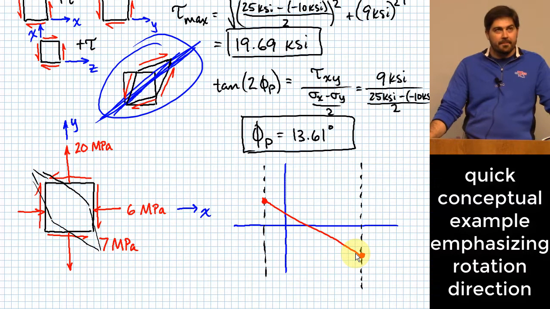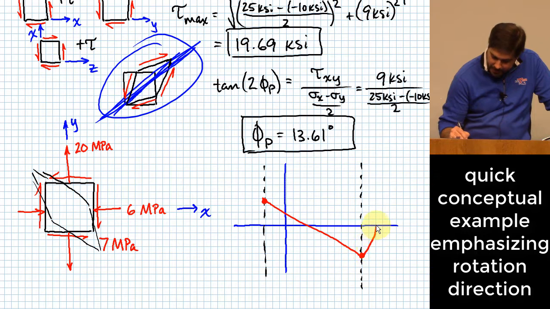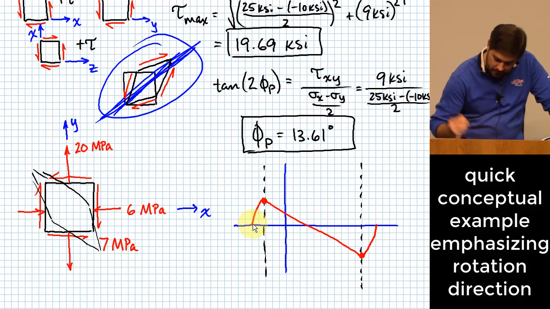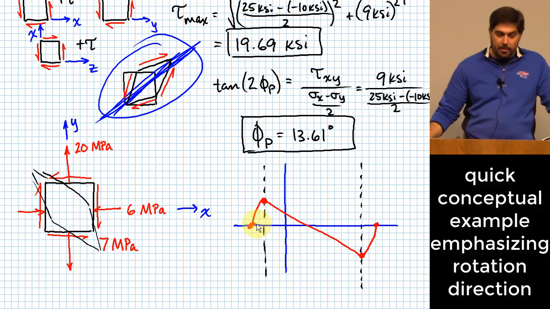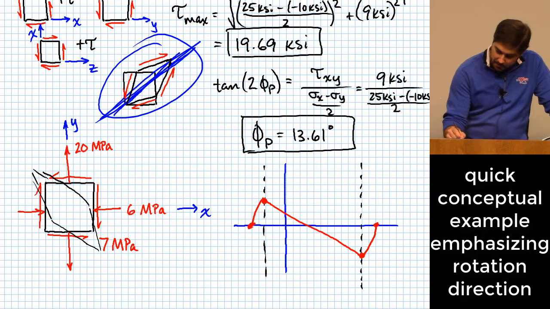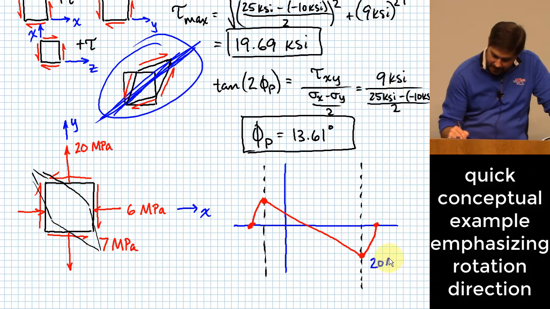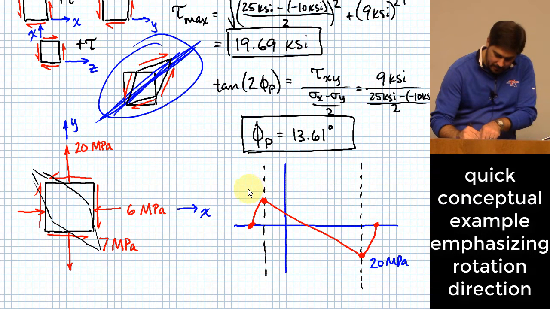And then, in order to find my principal stresses, I would have to rotate counterclockwise a little bit to figure out where my principal stress values were. And keep in mind, this over here represents that 20 MPa, and this over here represented the 6 MPa.